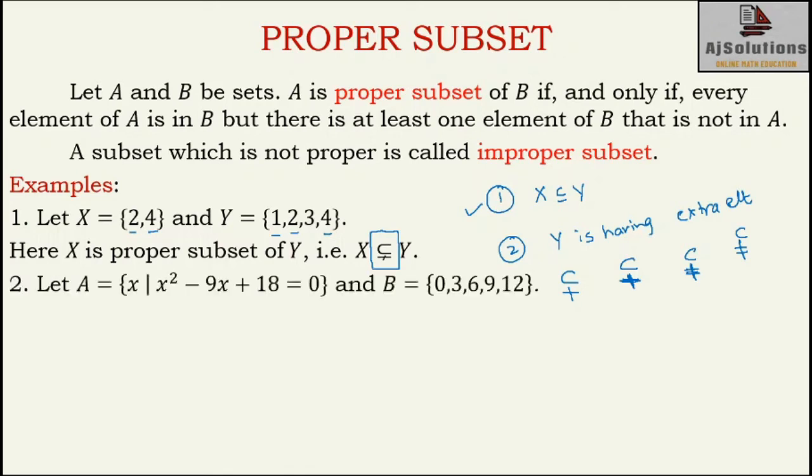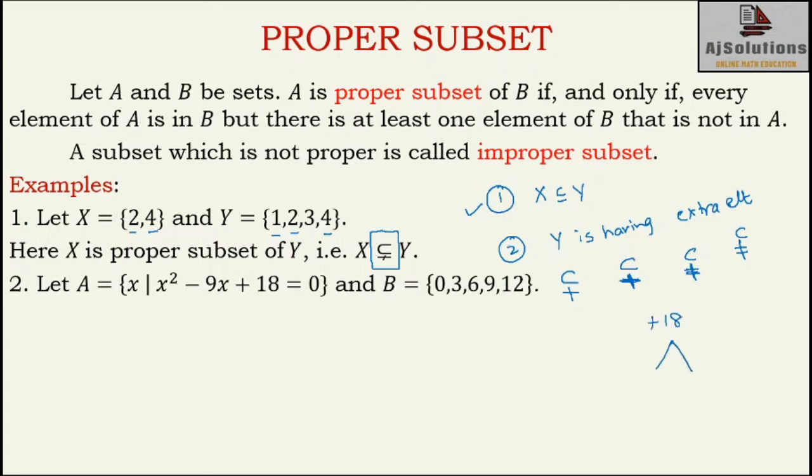Let's see another example. Here I have a set A in set builder form and a set B in roster form. So I have to write that set A in roster form first. To do that, I'll have to factor this plus 18.